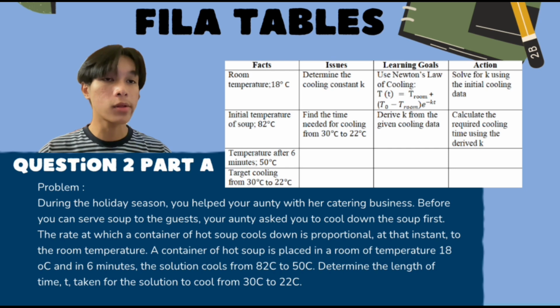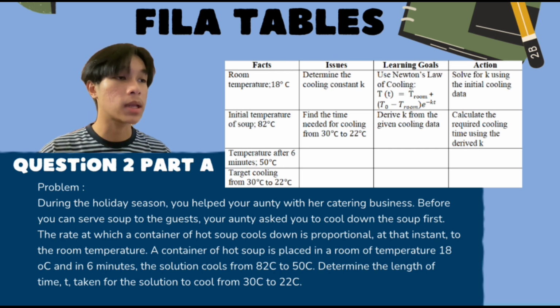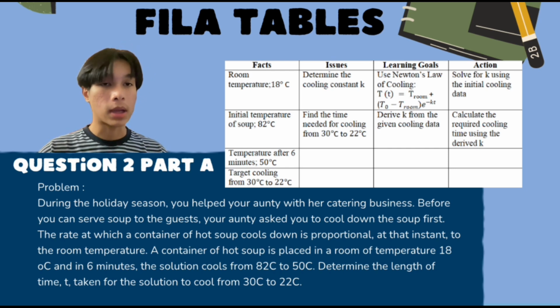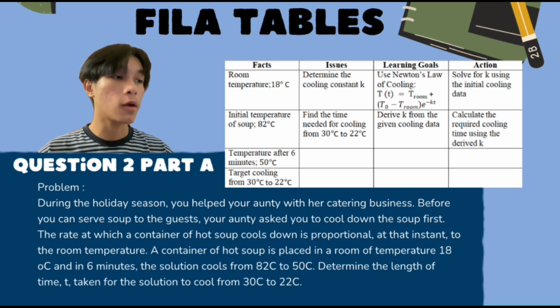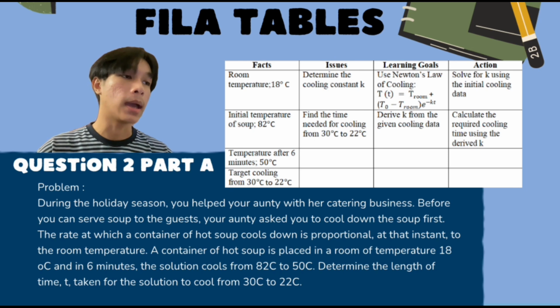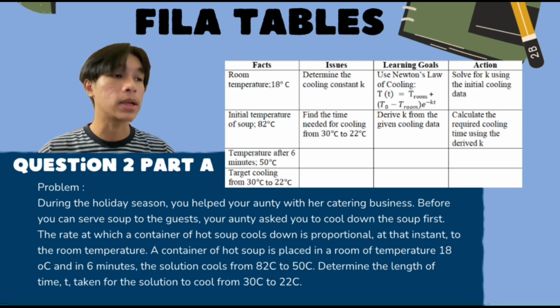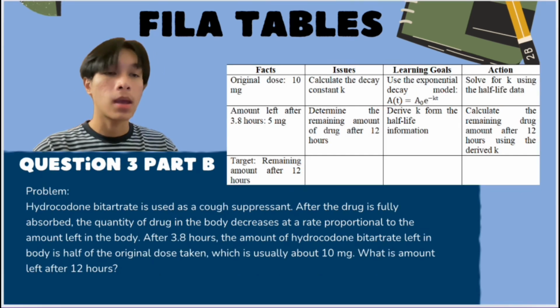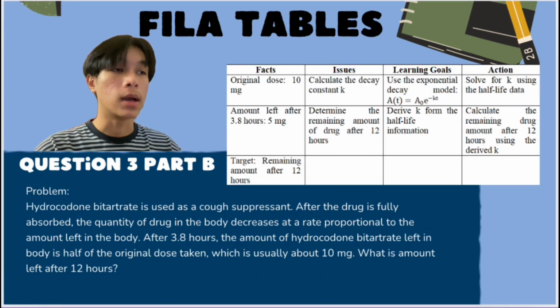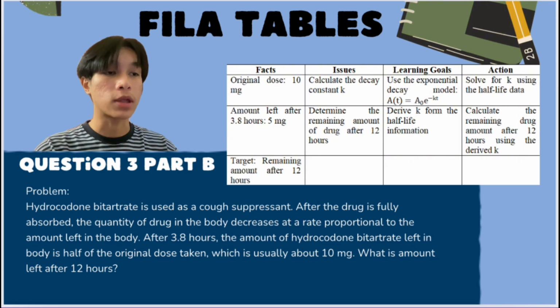The learning goal is to use Newton's law of cooling. You can see the formula there, and to derive K from the given cooling data. The action is to solve K using the initial cooling data, and also to calculate the required cooling time using the derived K. Next, moving on to the second table, which is question 3 and part B.